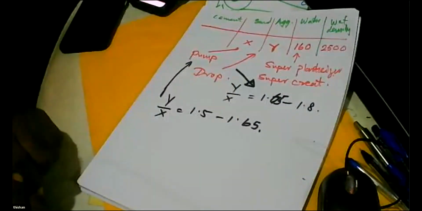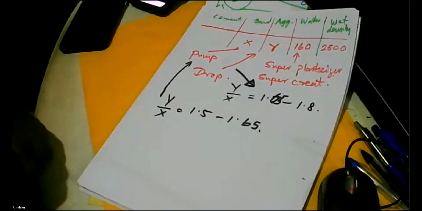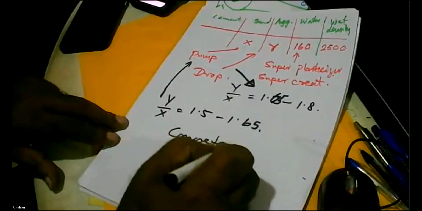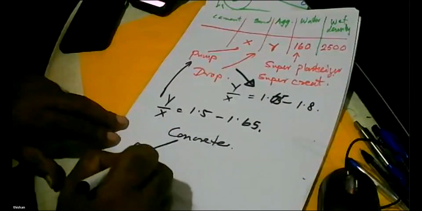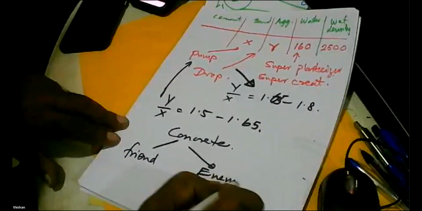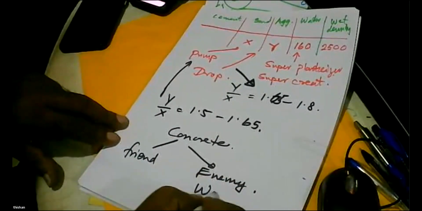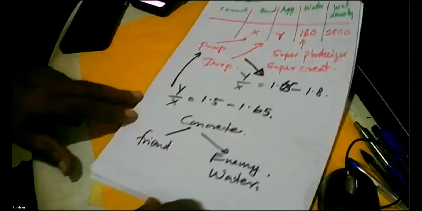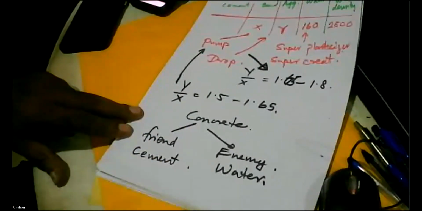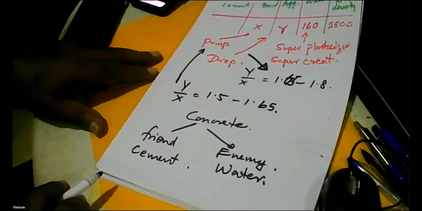Right. And now I know concrete has a friend. It has an enemy. Who is the enemy? Water. Who is the friend? Cement. Cement is the friend, enemy is water.